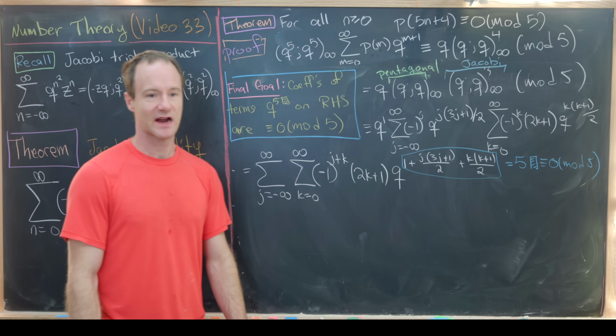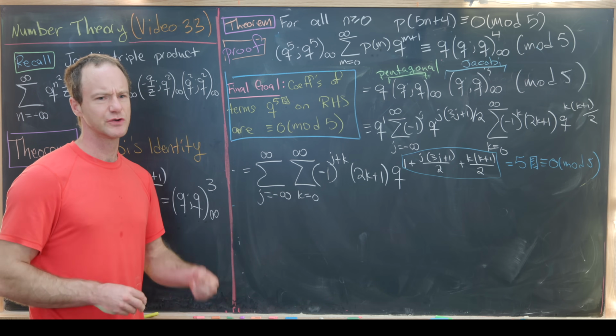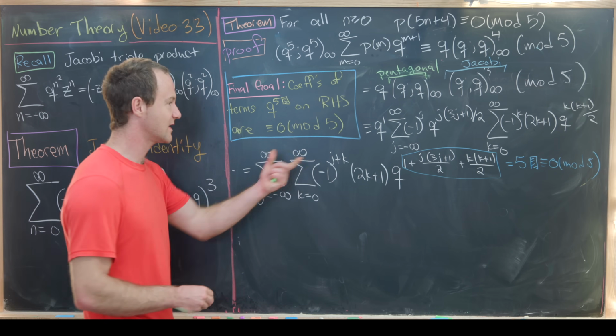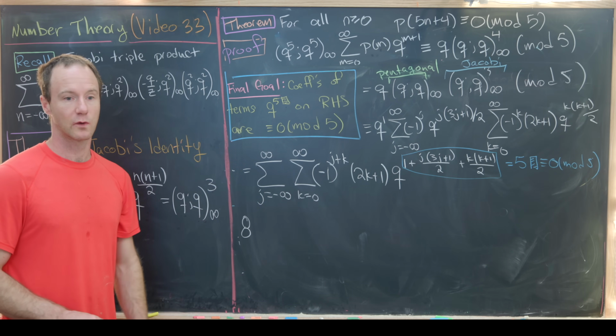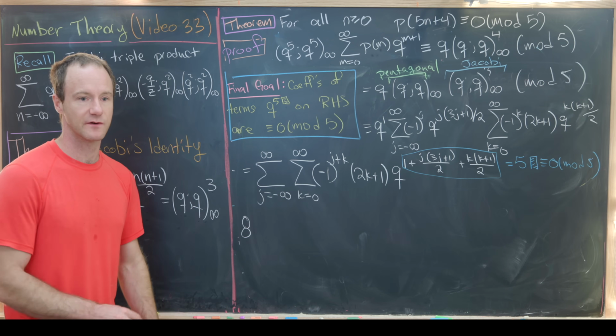So let's extract that coefficient, and then we'll do a little bit of algebra on it. So I'm going to actually multiply it by 8 because it's a little bit easier to work with if we take 8 times this coefficient.